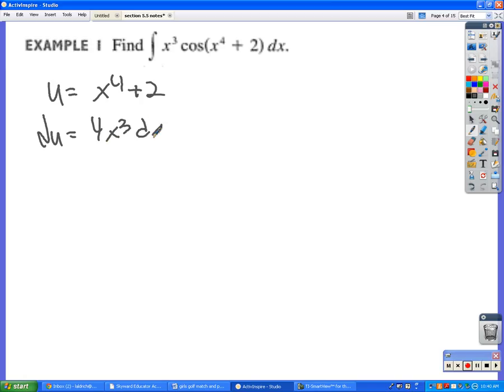4x cubed dx. Now, we have an x cubed and a dx in there, but we don't have a 4. So how can I get rid of this 4? Right, I'm going to divide both sides by 4.